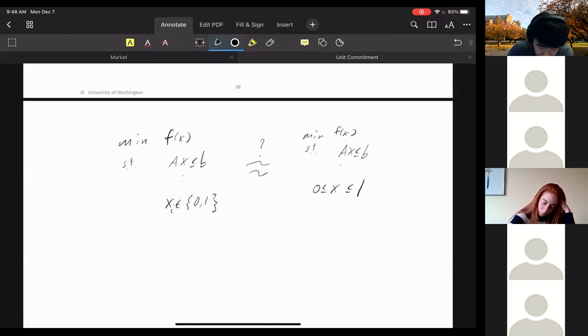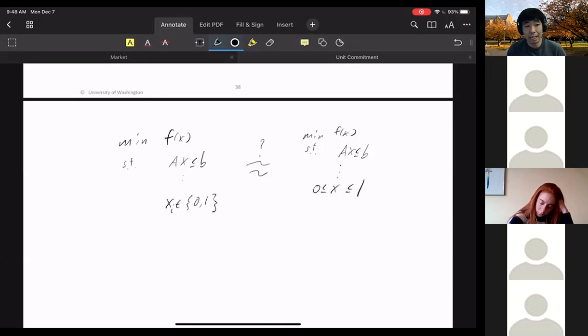A common temptation is to say, maybe I can relax the integer variables into continuous valued variables, since being 0 or 1 makes the problem hard.